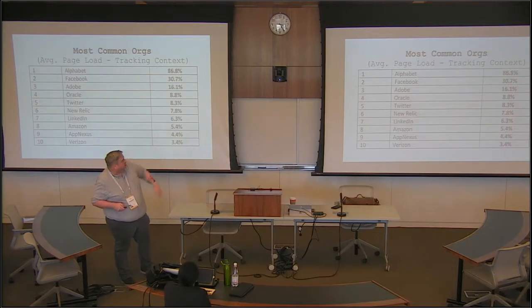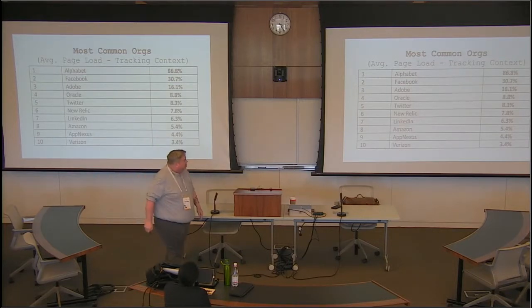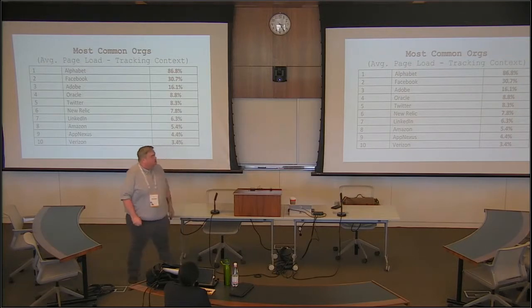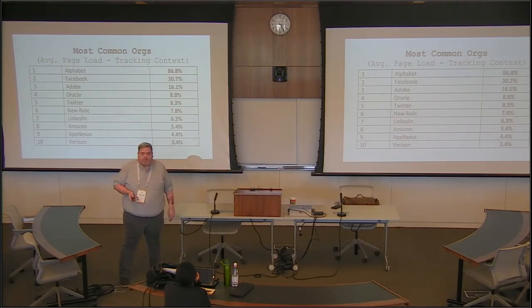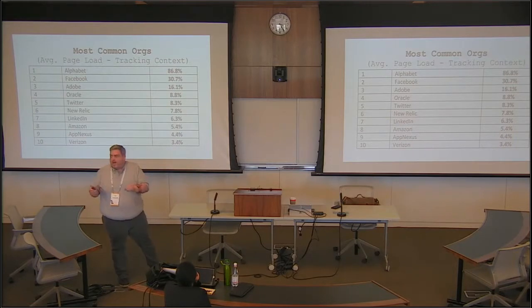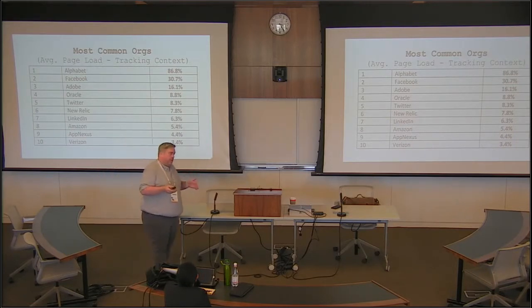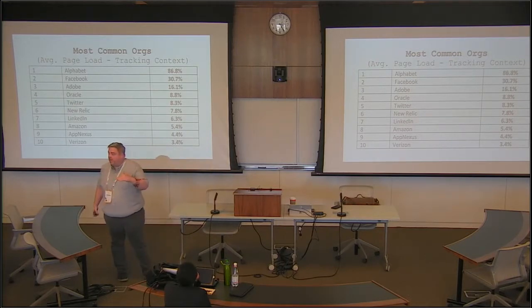If we start talking about the individual organizations, the Google company bumps up a little bit higher than what Google Analytics by itself gets you. Alphabet shows up on 86.8% of law school library homepages in a tracking context. Once you drop below Google, it drops way down.